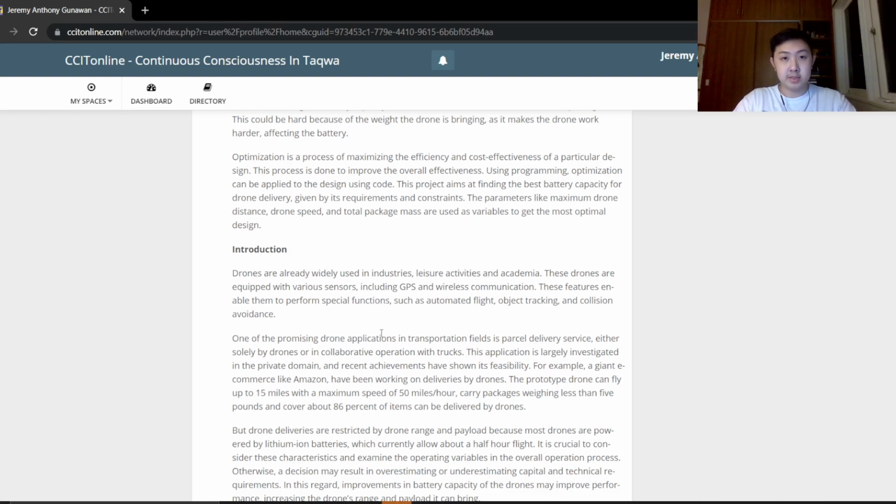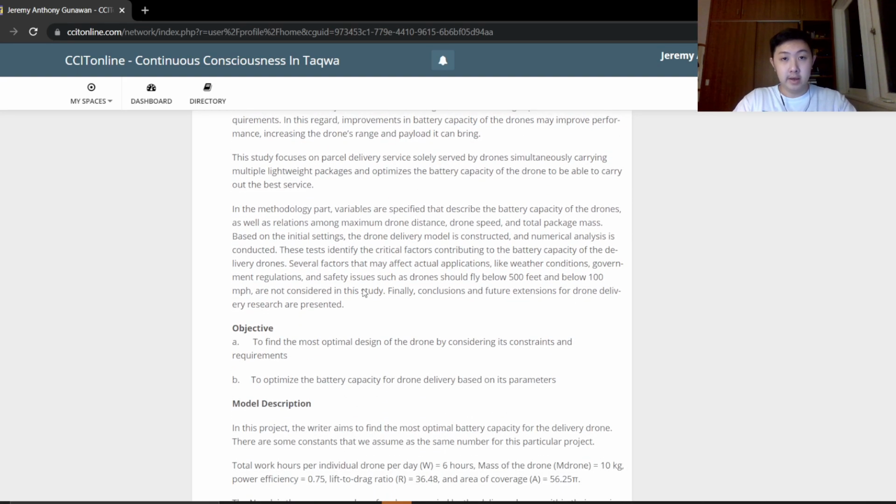Big companies like Amazon, Alibaba, and such use drones as delivery devices that can deliver packages ordered online, with speeds up to 80 kilometers per hour and carrying 2.27 kilograms of packages. So the challenge is optimizing the battery. The more battery capacity, the more deliveries it could deliver in one go.